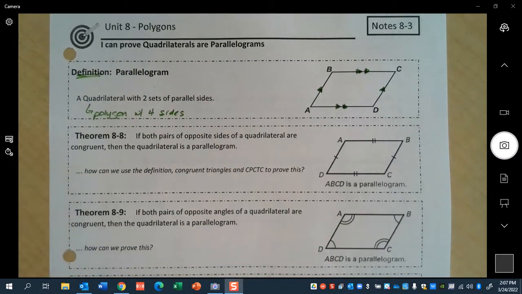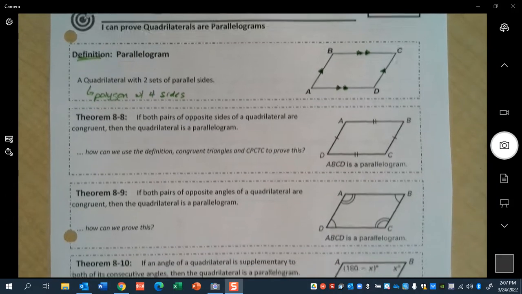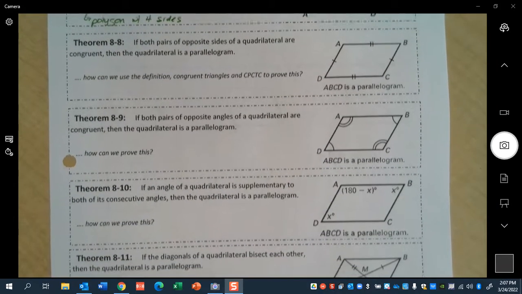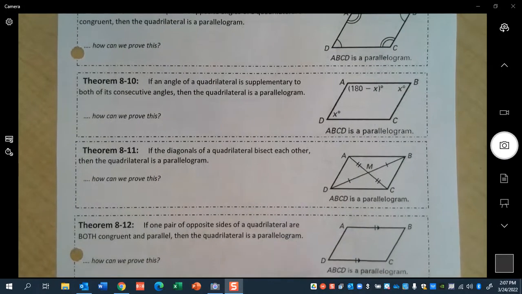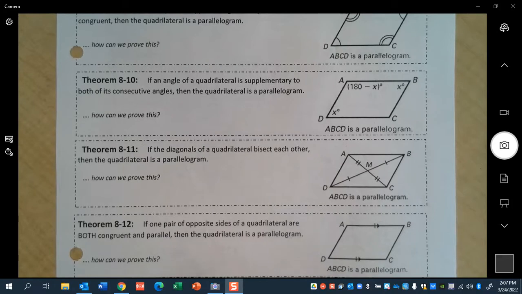So if you scan through the next 1, 2, 3, 4, 5 theorems, you see that it's all of these conversations where if blah, blah, blah, blah, then it's a parallelogram. Then it's a parallelogram. Then it's a parallelogram.